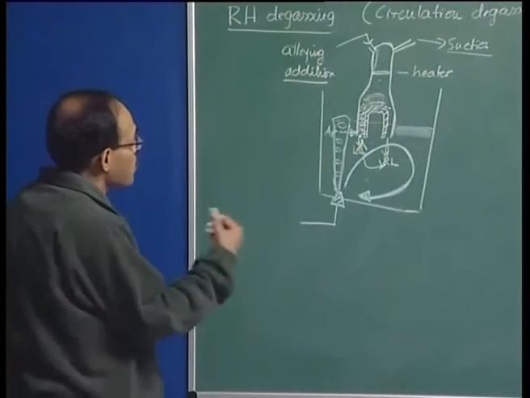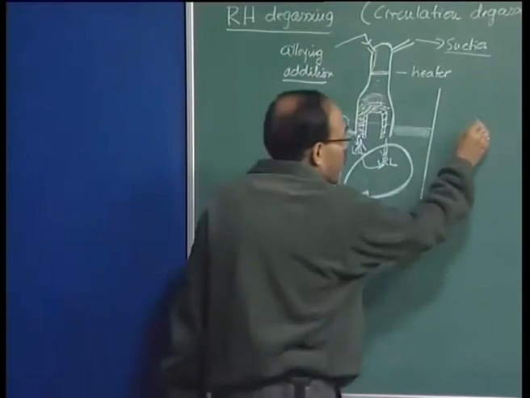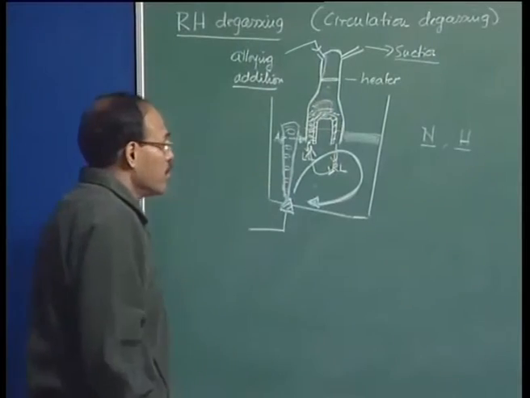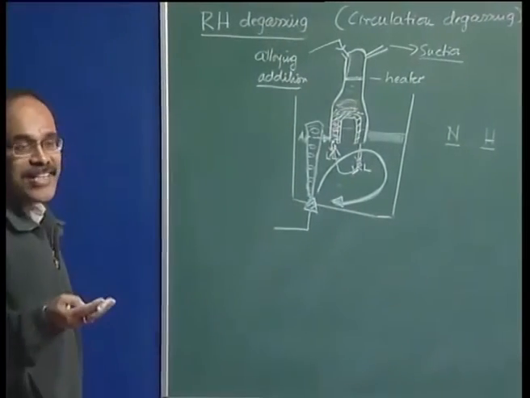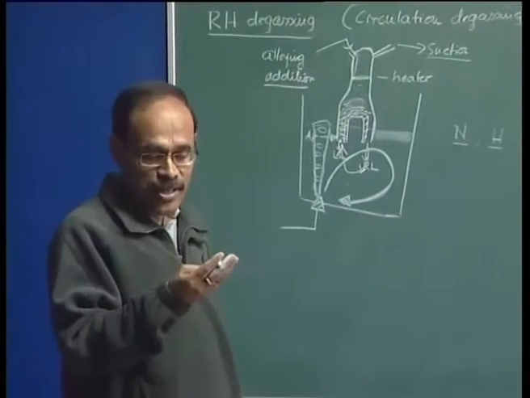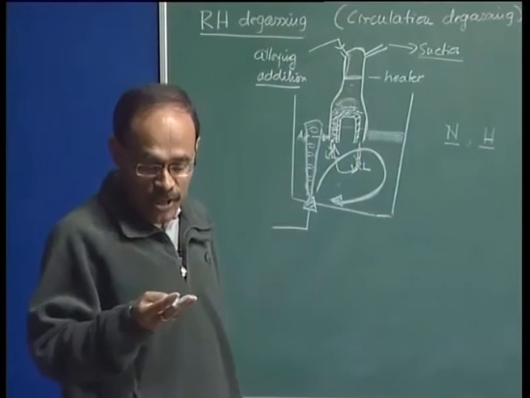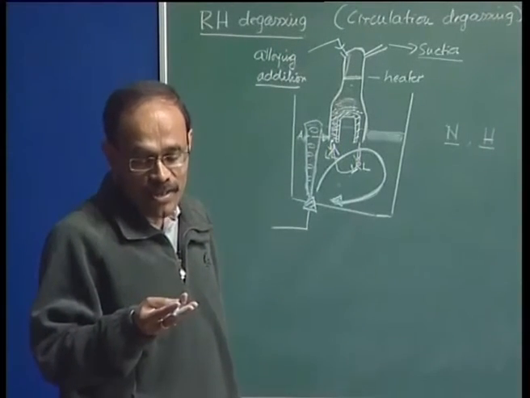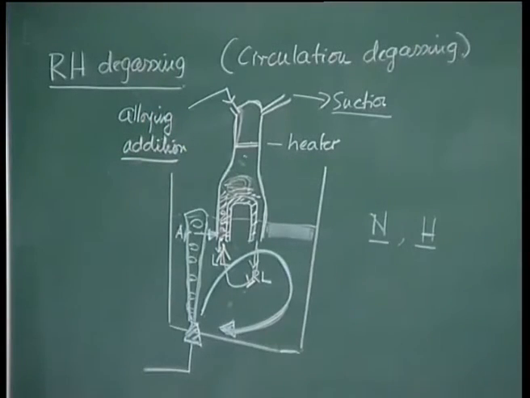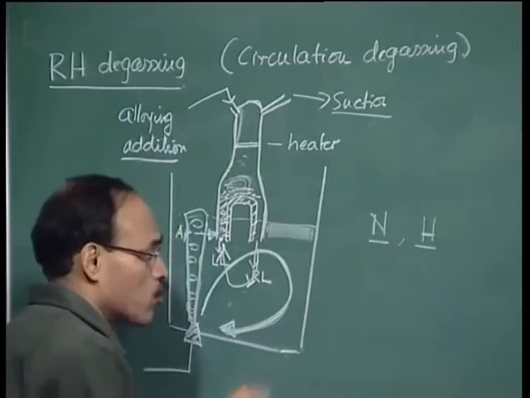And once the molten metal is subjected to the degassing techniques, the nitrogen and hydrogen level in the molten metal can be reduced significantly. So, if you look at it from the furnace steps, we have the furnace tapping operation, then the deoxidation operation, then the ladle metallurgy operation, and then finally the degassing operation. What we have been able to achieve is that we have reduced the oxygen content of the melt through degassing.